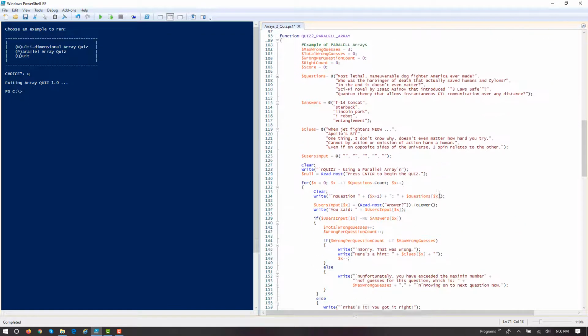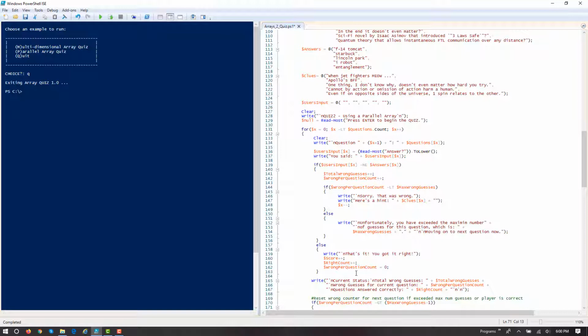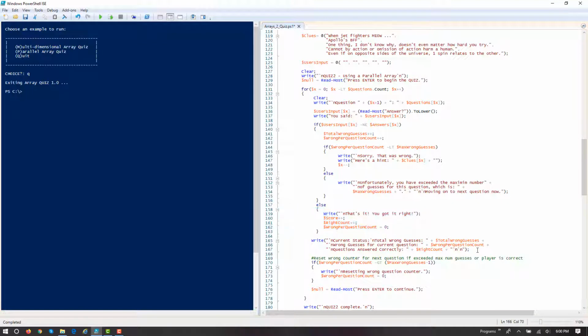But the problem is where we're resetting wrong per question count. We shouldn't do that here, right? Because when we do that here, it's going to give us erroneous output here. We want to do it after this, but if we do that, you're going to have to make this a compound test using the logical OR, and maybe introducing a Boolean variable.